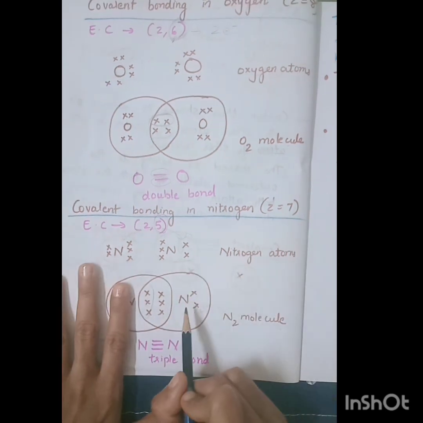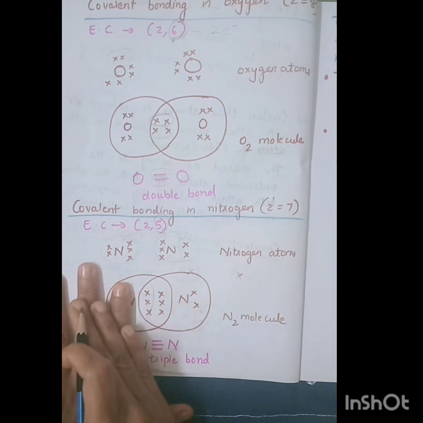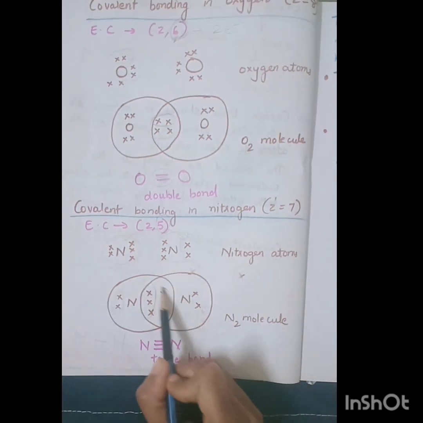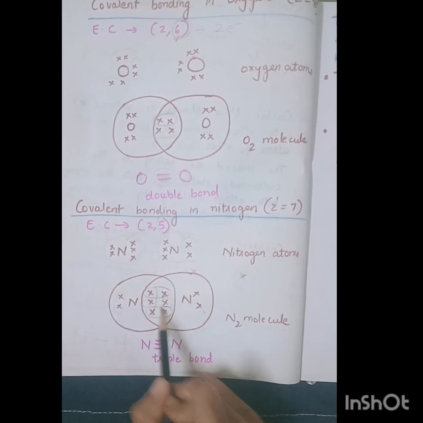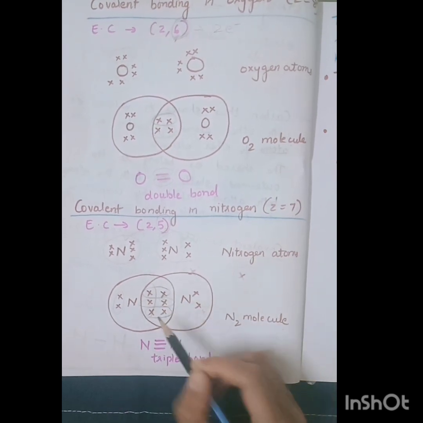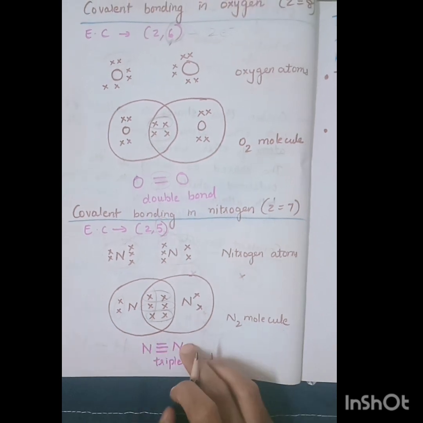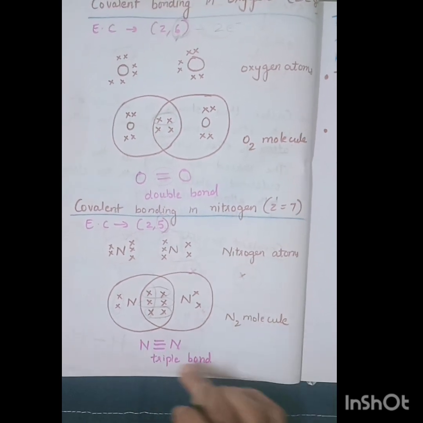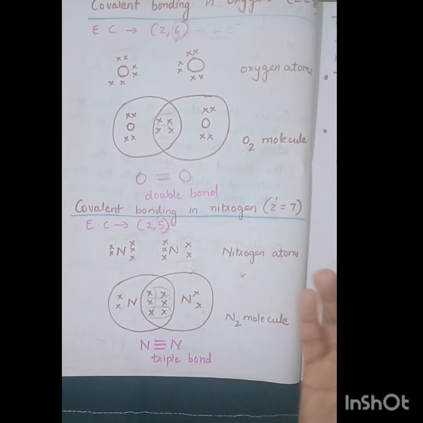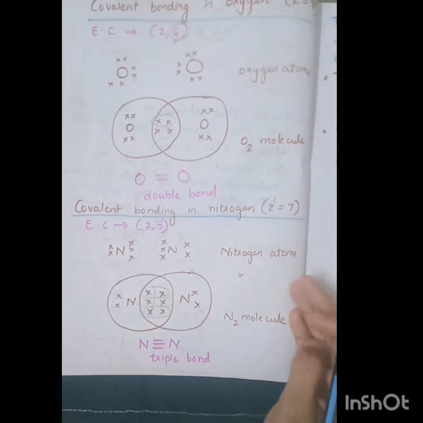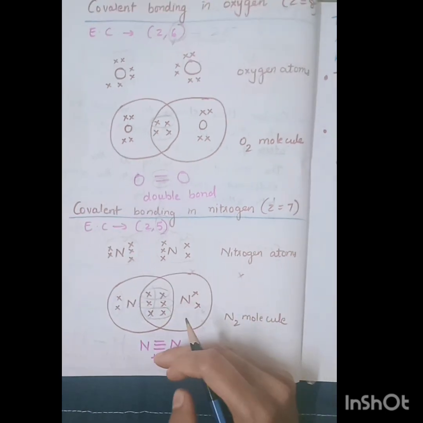Similarly the second one also shared 3 electrons from the first one. So in this way, how many electrons are now being shared? 3 pairs of electrons. So there is a triple bond between nitrogen atoms. So the N2 molecule has a triple bond. So we have seen in hydrogen it is a single bond, in oxygen it is a double bond, whereas in nitrogen it is a triple bond.